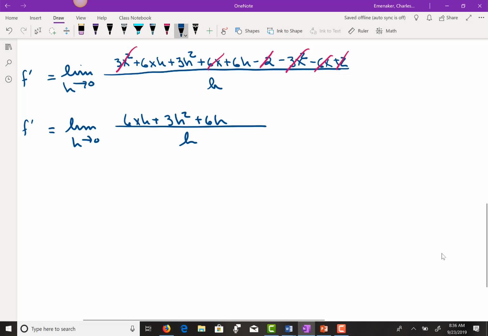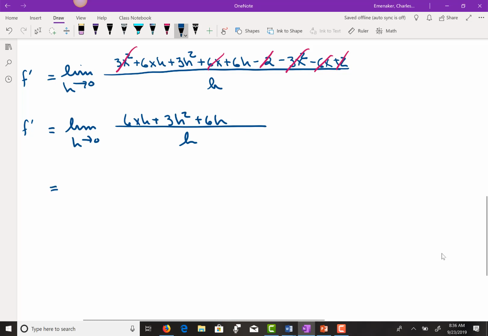Can we plug in the 0 value for h yet? We're getting close, but we can't do it just yet. What would happen if you plugged in 0 for h right now? See that denominator? Is a 0 in the denominator a good thing or a problem? It's a problem, isn't it? Okay, so we got to work a little further on this.